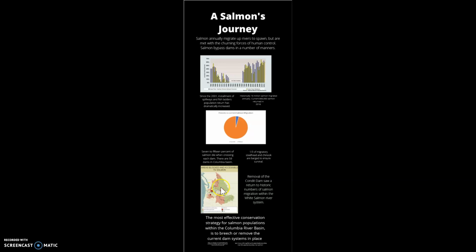So when I put a map in here, it's a very easy, quick visualization of, okay, this is an area that used to be accessible to salmon and is no longer accessible. It shows massive amounts of regions and areas that salmon can't get to anymore. It helps to drive the point home that we are the reason this is happening, more specifically, the dams that we have constructed in this area.